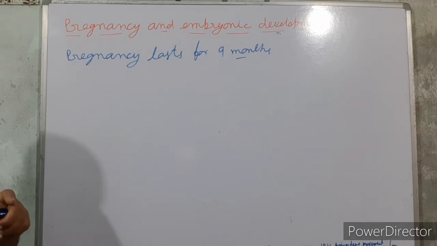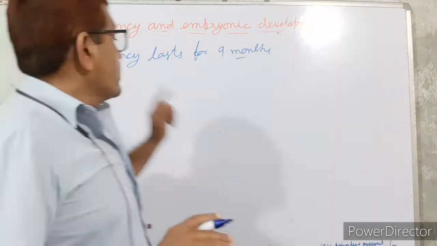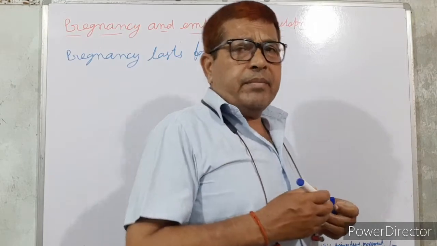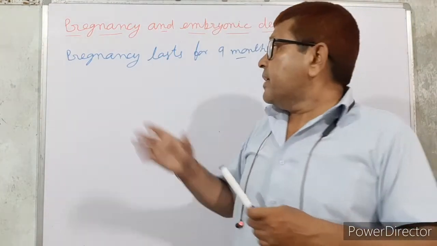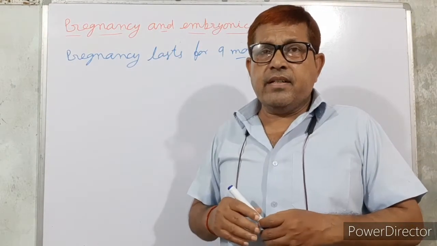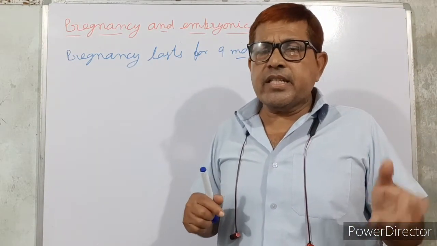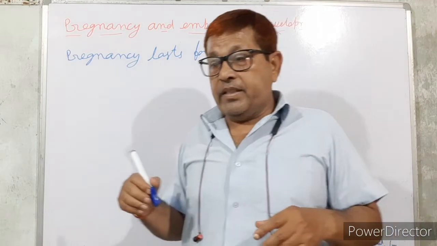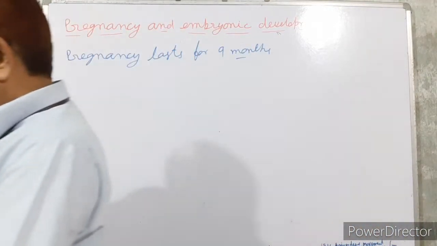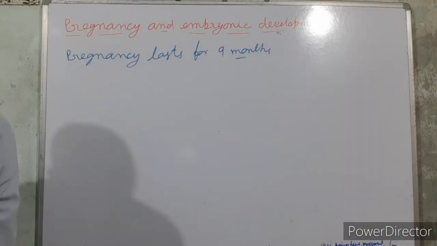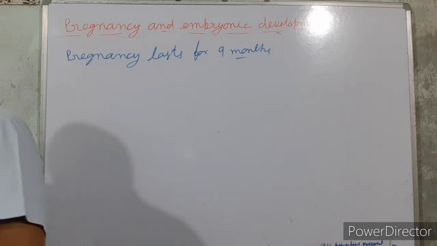Different types of animals have different periods of pregnancy, that is the gestation period. So in human beings, the gestation period is 9 months. It is divided into 3 trimesters.